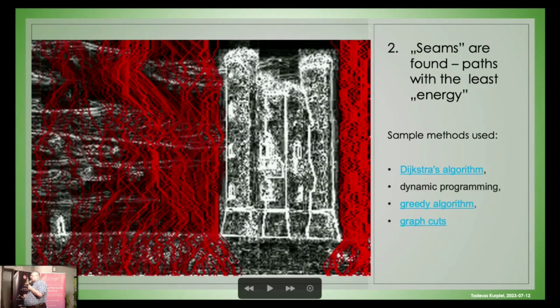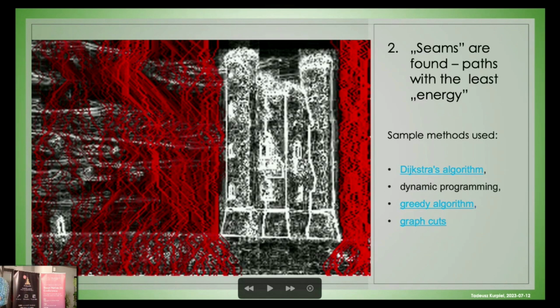Then, using, for example, graph algorithms like Dijkstra's algorithm, or dynamic programming, greedy algorithms or graph cuts, we find in the image paths called seams of least importance. Here we have an example of seams going from the top to the bottom.